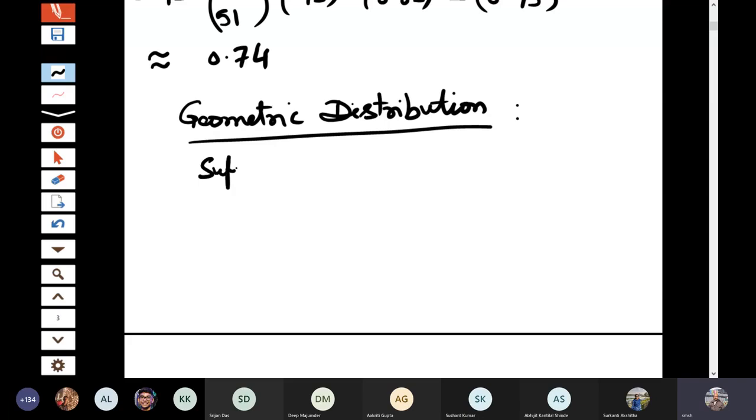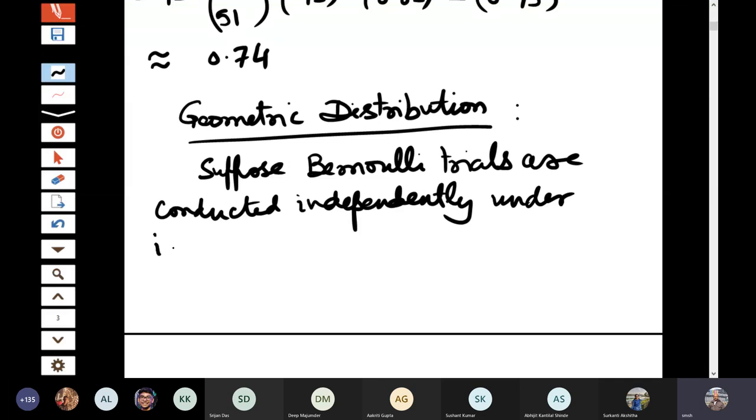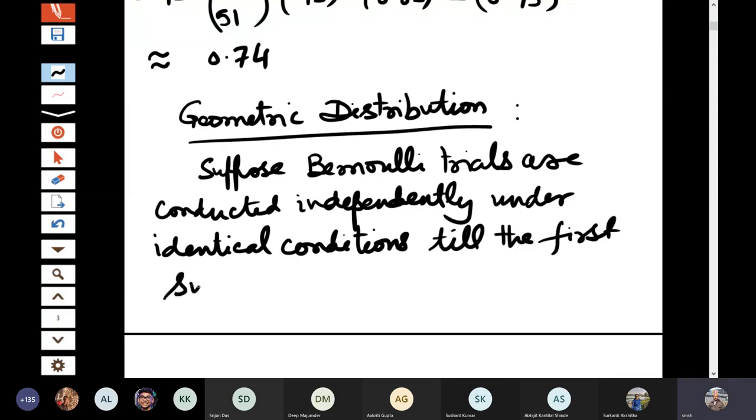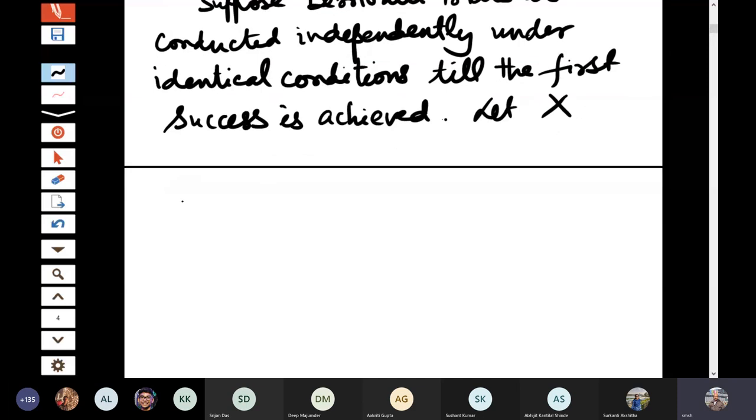So suppose Bernoullian trials are conducted till the first success is achieved. So let x denote the number of trials.